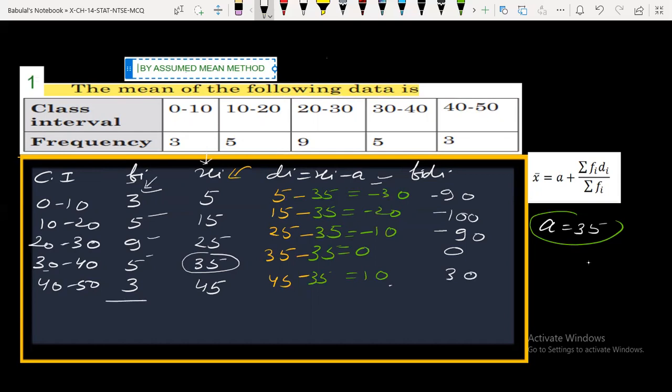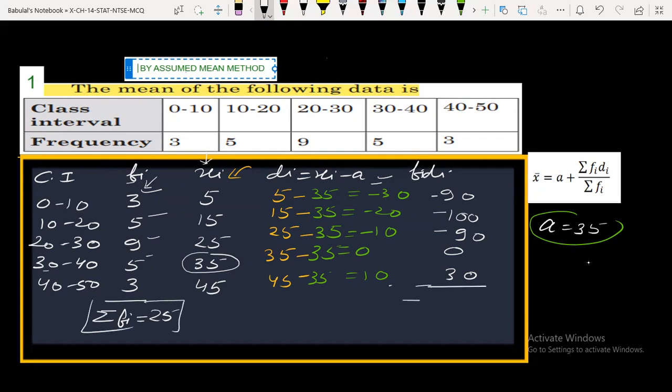Okay, then we find the sum of all frequencies. Add the frequencies: 3 plus 5 is 8, plus 9 is 17, plus 5 is 22, plus 3 is 25.